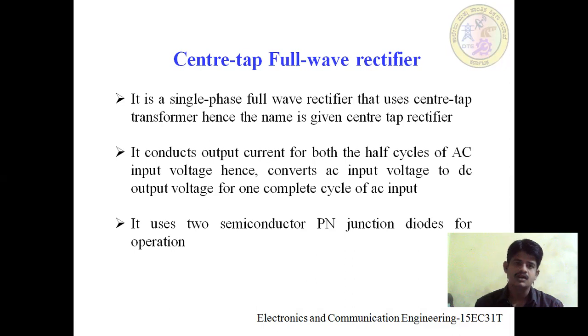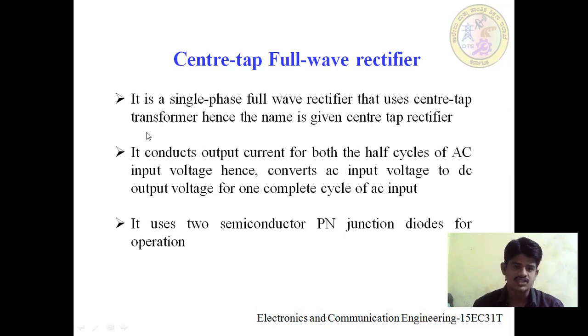Remember, in a half wave rectifier it was using only one diode. Here it is using two diodes, and each diode will work for one half of the cycle. For example, for the positive half cycle, one diode will be conducting, and for the negative half cycle, the other diode will be conducting. So output will be present for both the half cycles, and each diode will be operating for half of the input cycle.